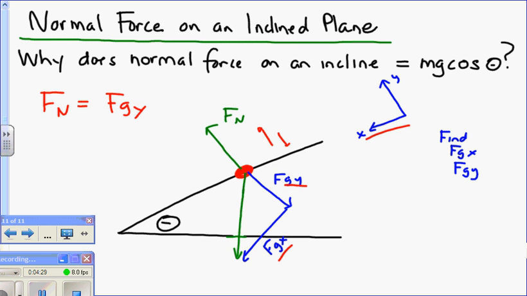To figure out what the y component of gravity is, you're probably going to figure out that it's mg cos theta, and that's true, I'll just tell you why. Look at a right angle triangle, which is this.